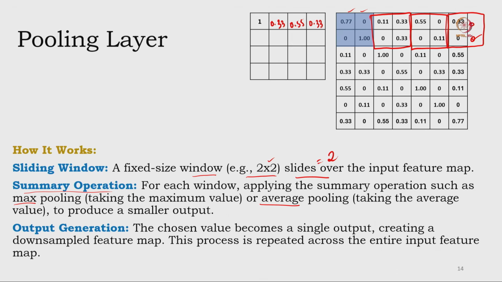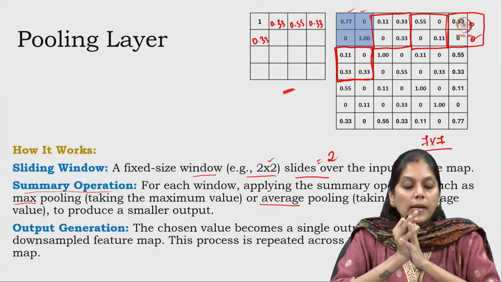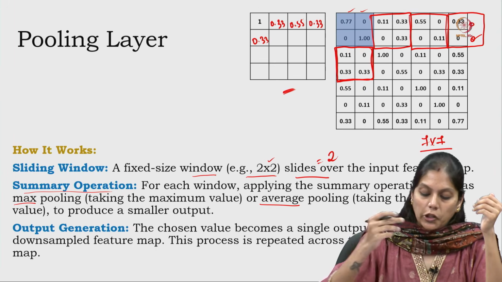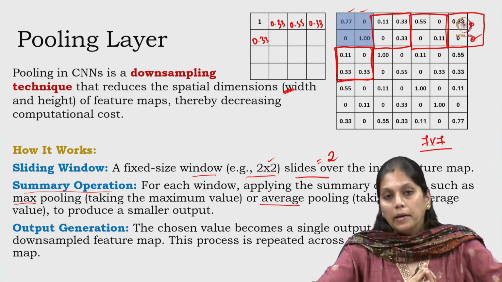Now stride equal to 2, so you will come down and take these values. The maximum among this is 0.33, and so on. If you do this, what exactly are you seeing? Earlier the size was 7 cross 7. From 7 cross 7 you have reduced the size, correct? You can see that there is a reduction in the size. Because there is a reduction in the size, we call pooling a downsampling technique.